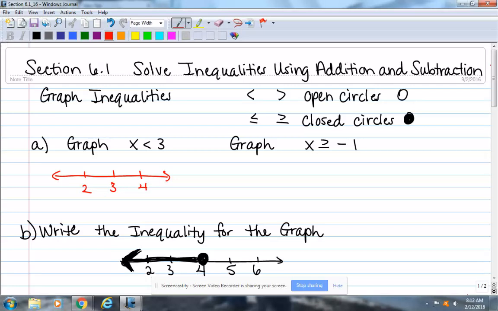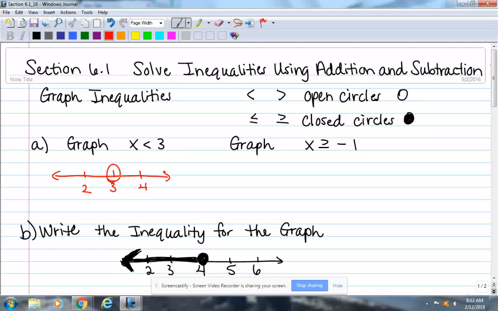So we're going to show on this number line all the numbers that are less than 3. Okay, so 3 is my boundary. Does 3 get an open circle or a closed circle? Open, because it's just less than. So that means it's a boundary for these numbers, but it's not included. So if it's open on the line, that means it's not included.